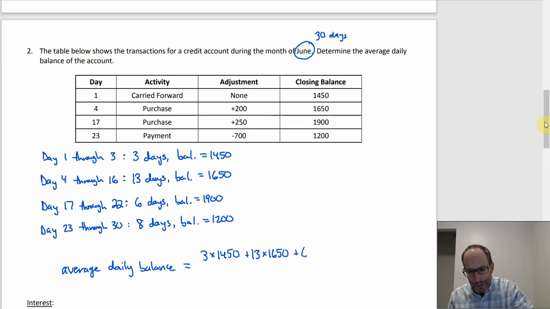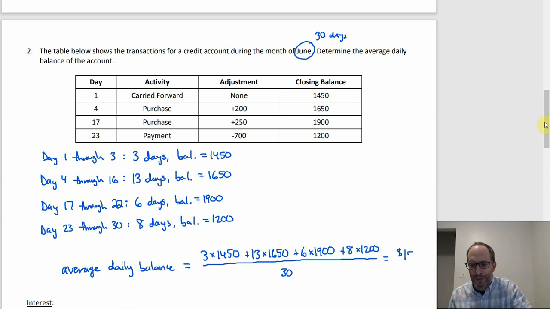Then 6 days where it's $1,900, and then 8 days where it's $1,200. And we're going to divide by 30 since we're in June. And what you get as an answer is $15.60. It divides evenly into a dollar amount.